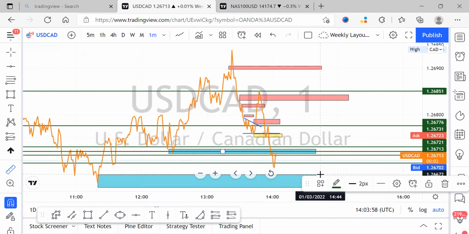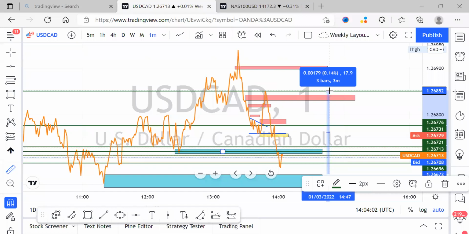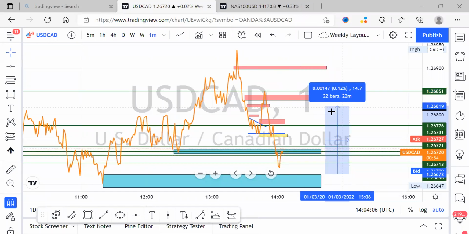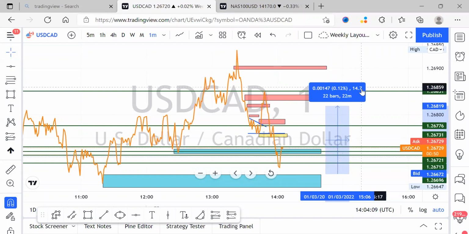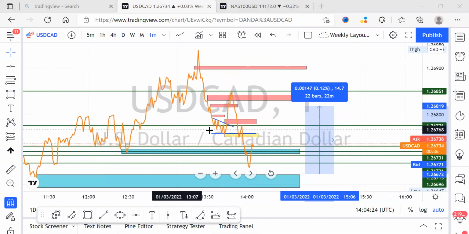From that zone to this zone, that's 17 pips. Remember, when we try to use the pips, we always take the last one out and we only use the first. If it goes for the top side, we sell. But remember, we're going with the market.